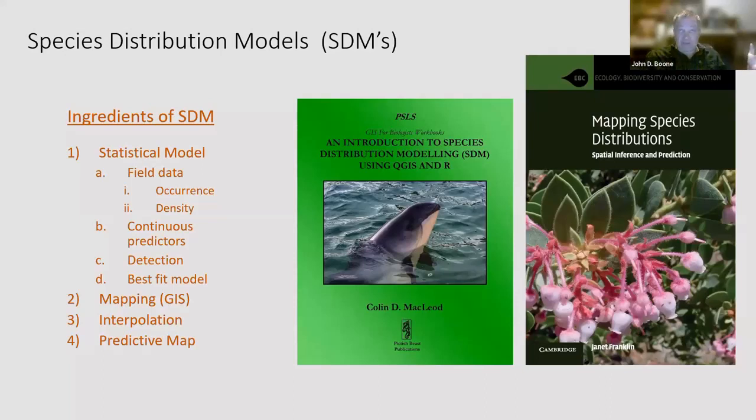And basically what they do is they find a mathematical expression based on the predictor variables that best explain the actual field data that have been collected. That is combined with the modern mapping or GIS environment to interpolate these mathematical expressions over all the places in the area of interest that haven't had actual data collected on them to produce a predictive map.